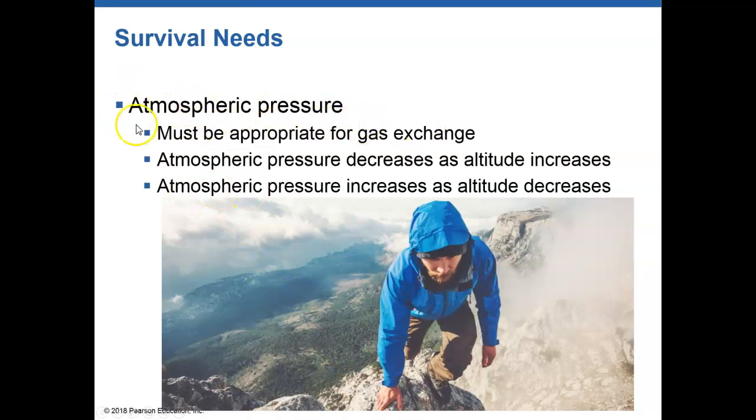Atmospheric pressure. We have to have a certain amount of pressure to allow us to exchange gases. So atmospheric pressure at sea level, which is where we live, is about 760 millimeters of mercury. Our lungs and our thoracic cavity have a slightly different pressure.